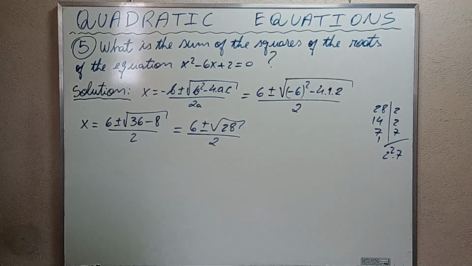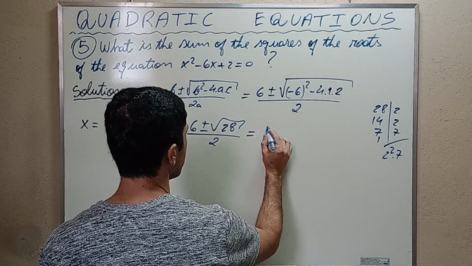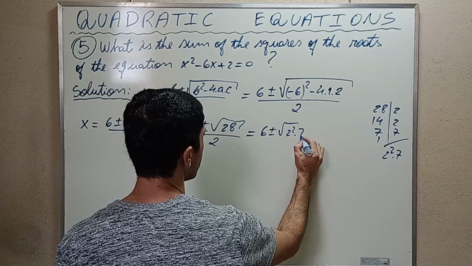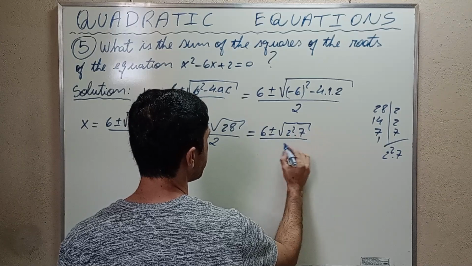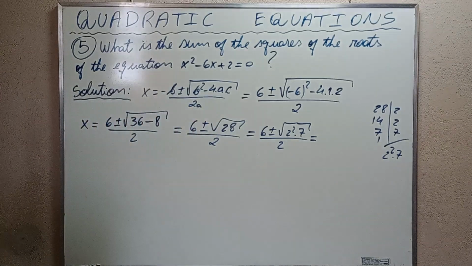Thus, 28 can be written as 2 squared times 7, and these two I can put out of the root.